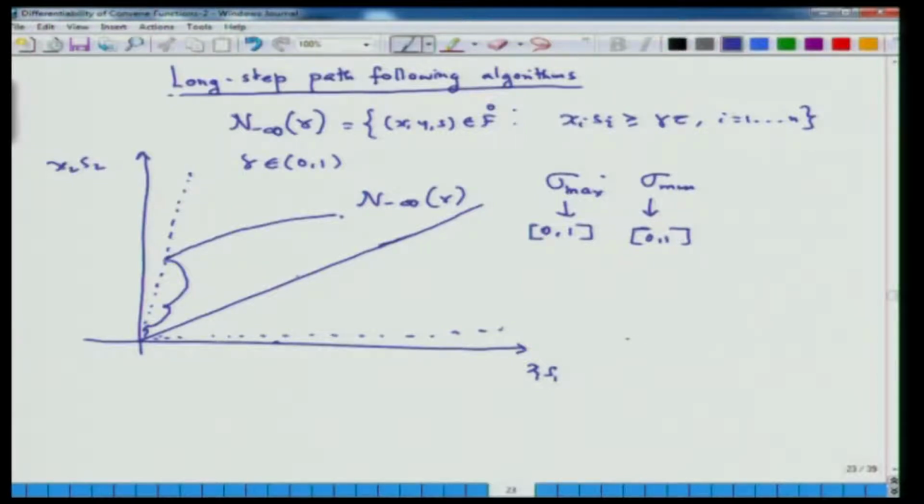Now, you have to remember that sigma max and sigma min have to follow this inequality. Sigmas can be chosen from 0 and 1, so sigma min and sigma max have to be bigger than 0 and strictly less than 1. Now, for any k that you choose, I am making it slightly more general in the way I am telling.